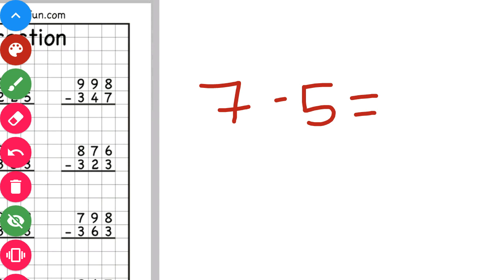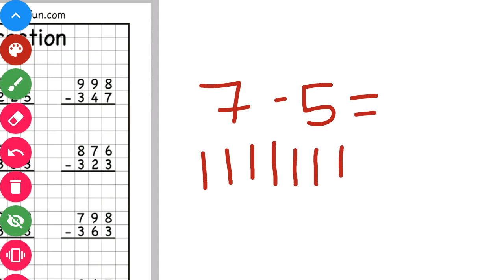Let us start this with a very easy method that you have learned in class 1 and class 2, by making lines. 7 minus 5. So let us draw 7 lines.